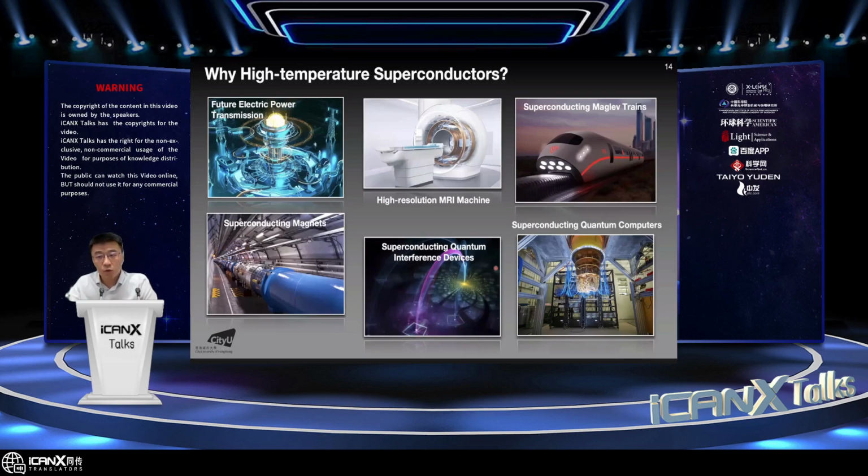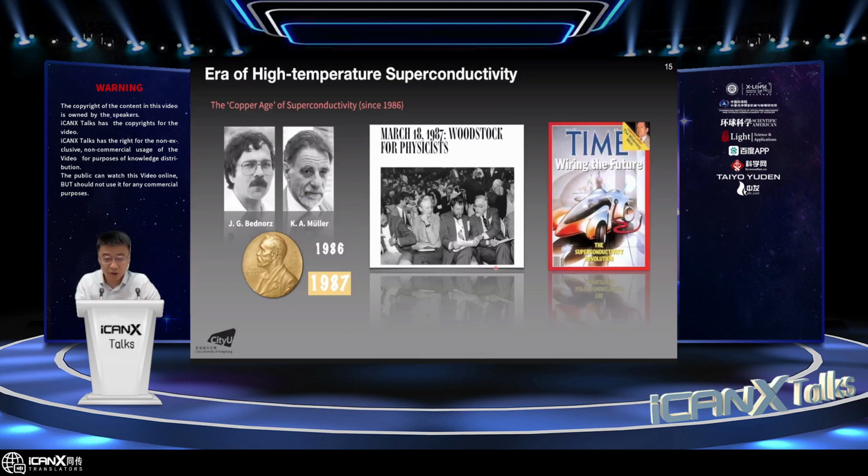Okay, so where to begin with high temperature superconductivity? I think it's fair to say that this story began in 1986. In 1986, two scientists at the IBM Zurich lab synthesized a copper oxide material, which turned out to be superconducting at a relatively high temperature.